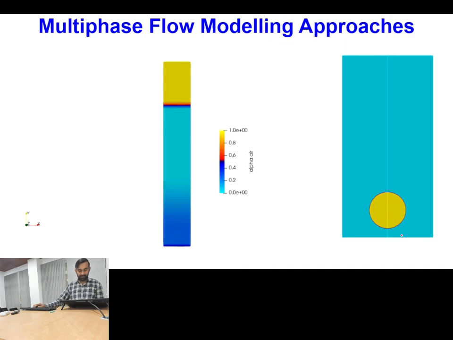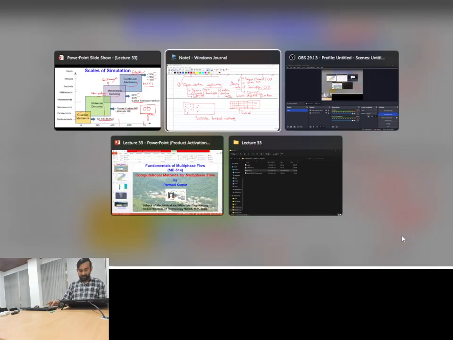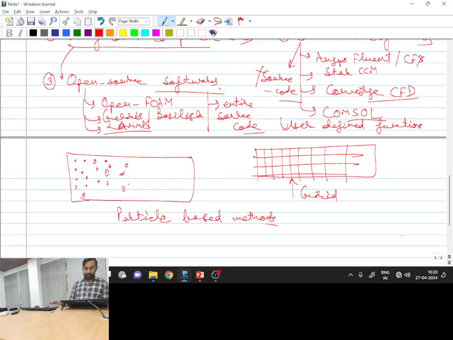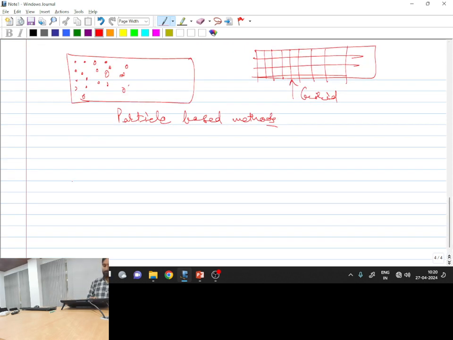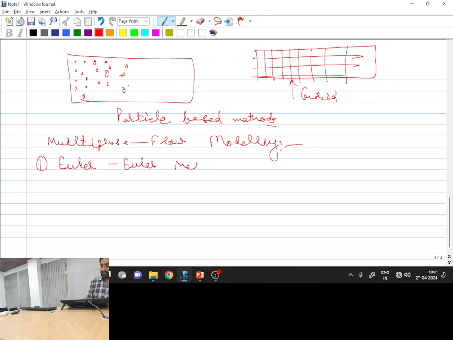Now let's talk about multi-phase flow modeling, and what types of approaches we can use. The first approach is the Euler method or Euler approach.